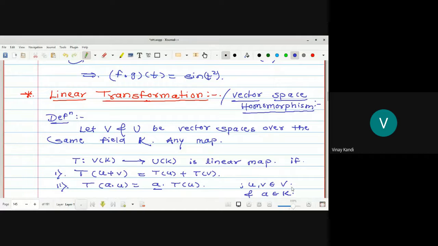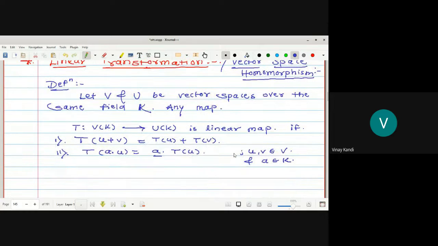These are the two conditions. If these two conditions are satisfied by any map, then we can say that T is a linear transformation.